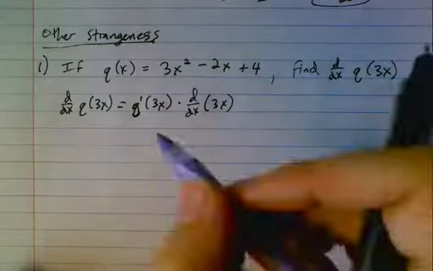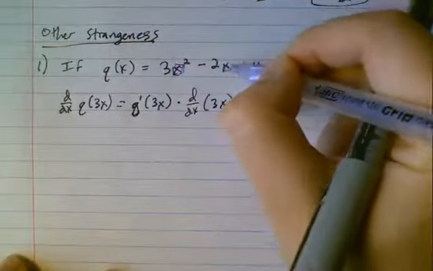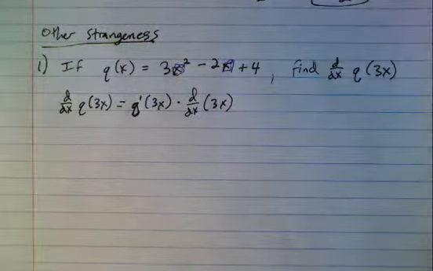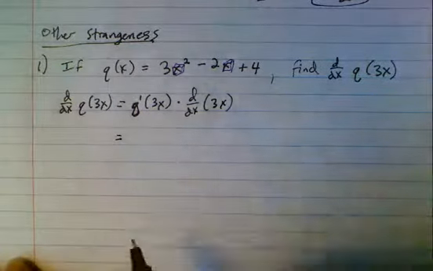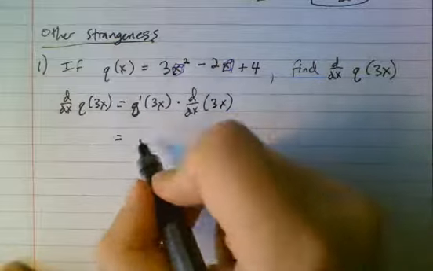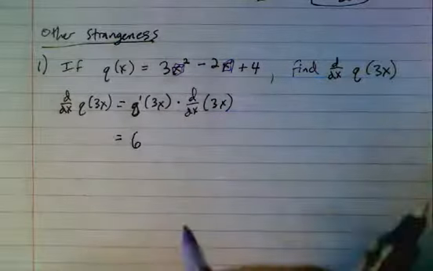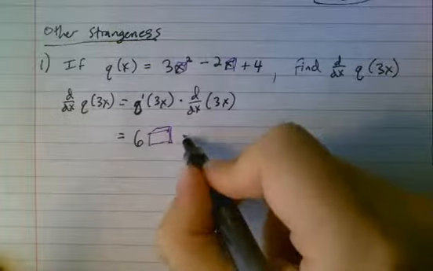So what this is saying is that these are just little boxes, this x. And what we're going to do is take the derivative up here with the boxes. So we bring down the 2, so that's 6 box minus 2.